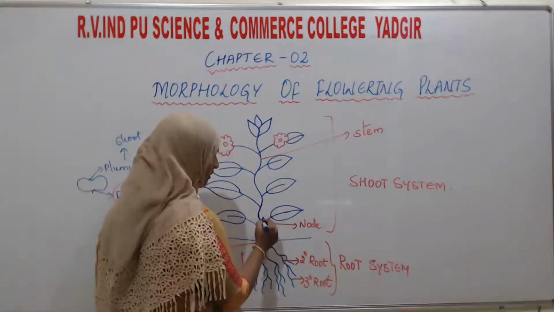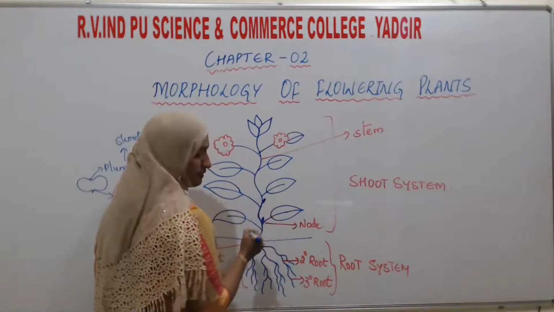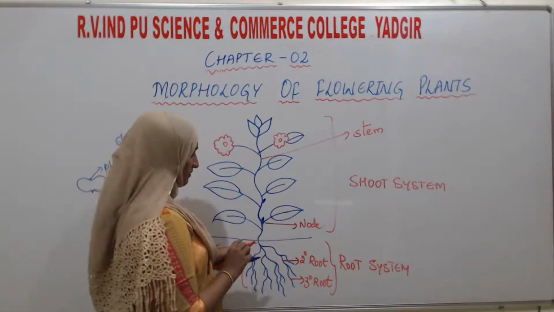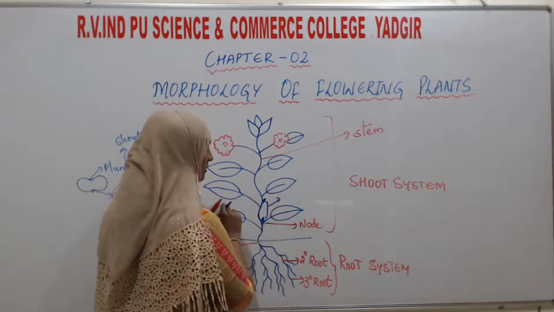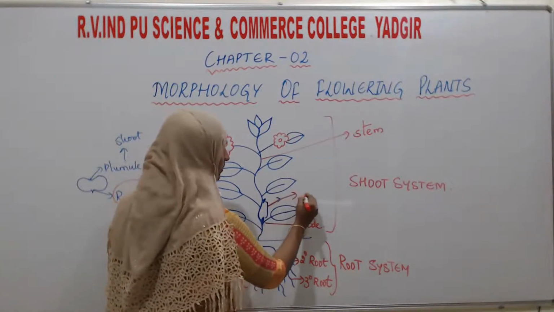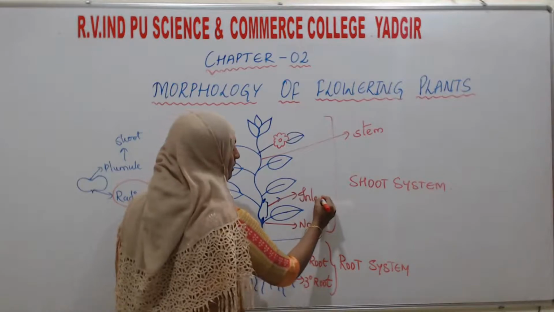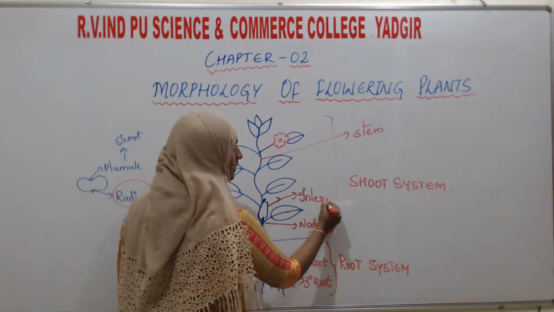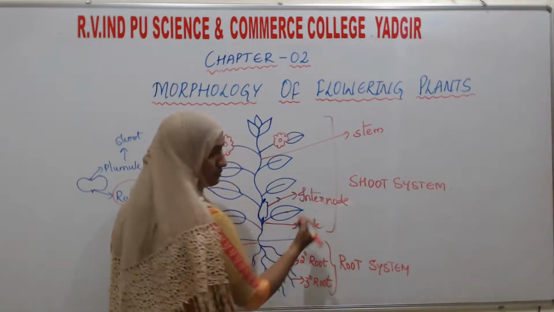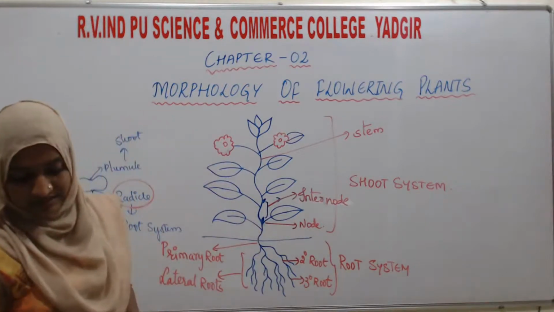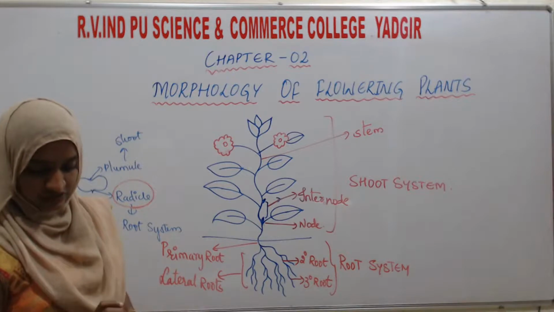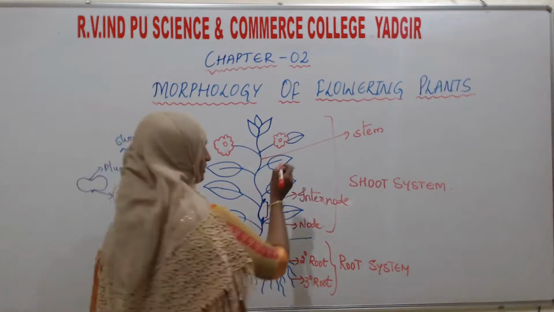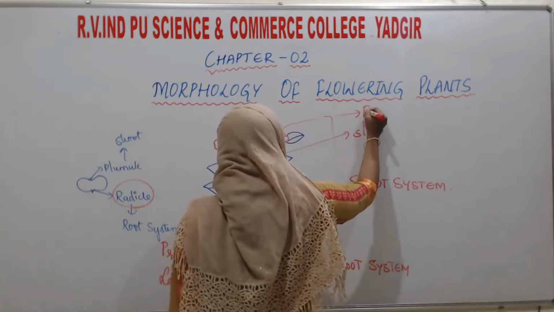This is one node and this is another node. Whatever the space in between the two nodes, that is known as the internode. Node, then internode. Okay. The next, in the shoot system there is a presence of flowers.